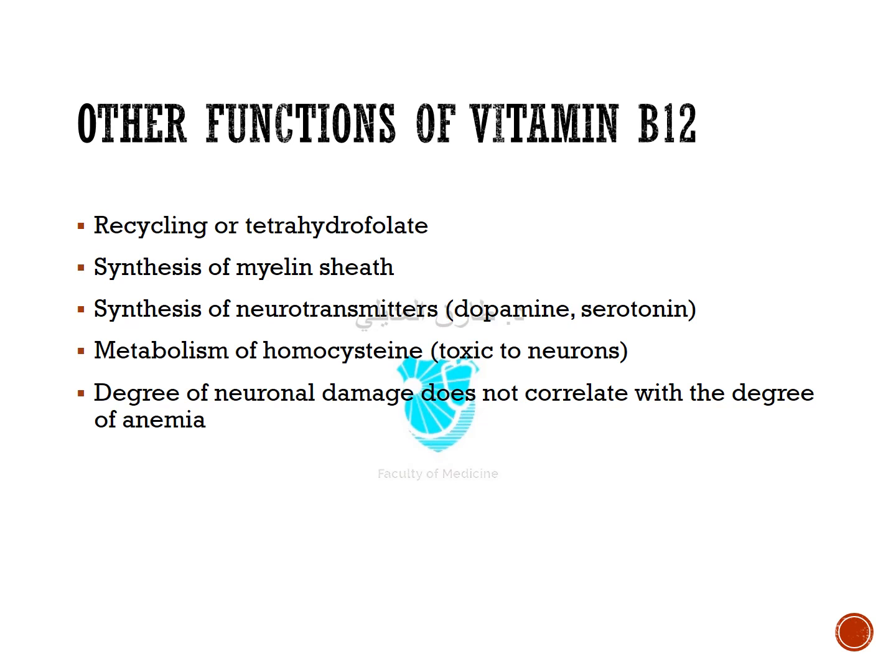So the patient will become more prone to neuronal damage, and homocysteine is also important for the development of cardiac diseases. Okay. Now the degree of neuronal damage doesn't correlate with the degree of anemia. هاي بالفيتامين B12 deficiency. ممكن واحد لسه الأنيميا مش طالع عنده, he or she doesn't have overt anemia, but they already have damage.